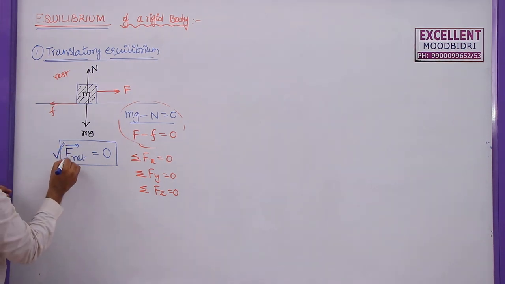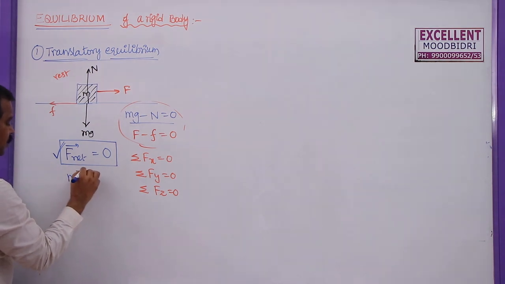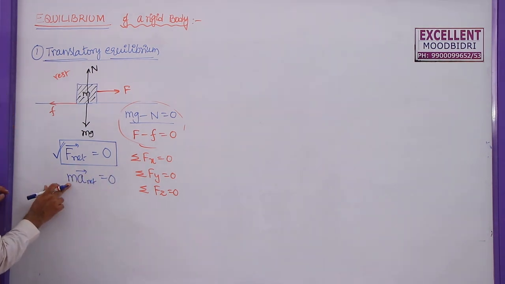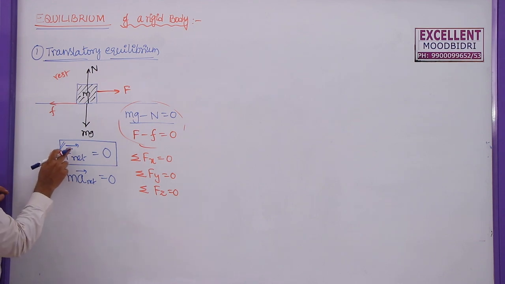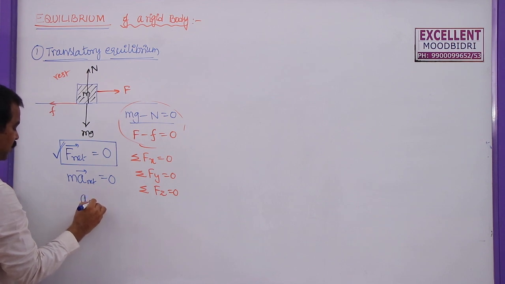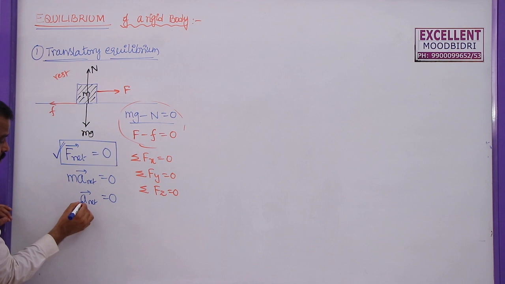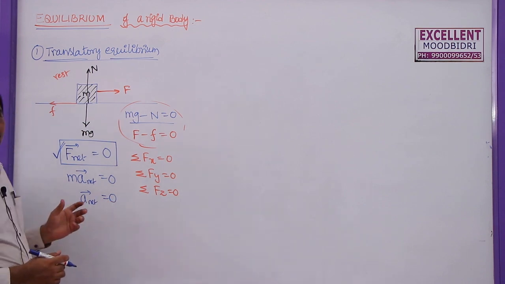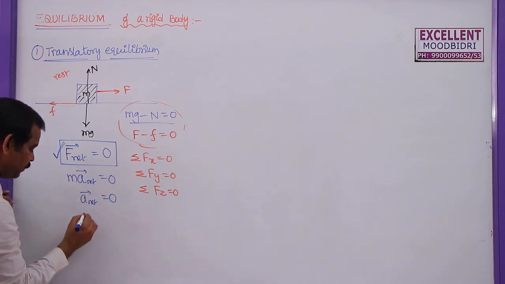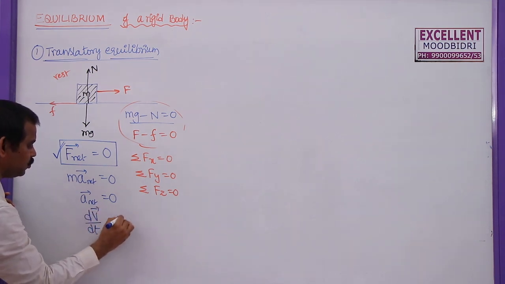According to Newton's second law, F is equal to ma, so m into a net is equal to 0. As mass is a scalar quantity, F is a vector, acceleration is a vector. So, acceleration of this body is equal to 0. Acceleration is nothing but the rate of change of velocity, that means dv by dt is equal to 0.